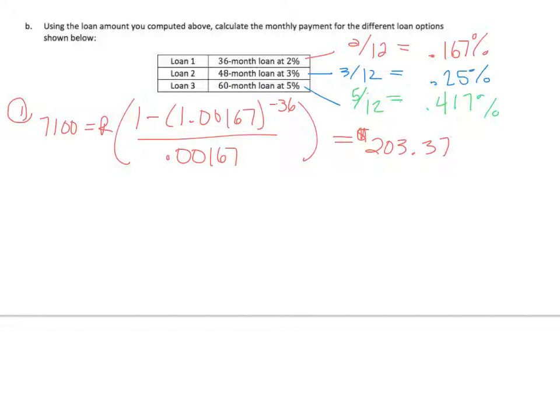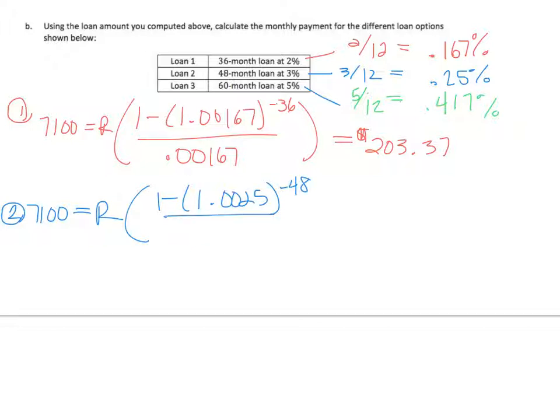So I'm going to go ahead and try the second loan. R1 minus 1.0025 to the negative 48 over 0.0025. Let me crunch this. I'll be right back. Here I got $157.15.